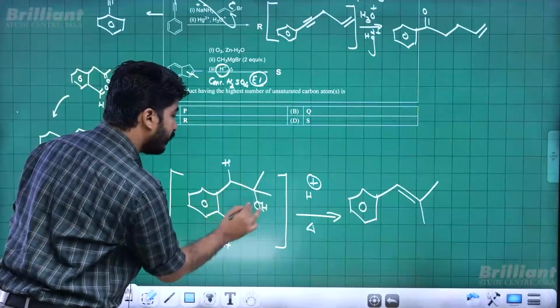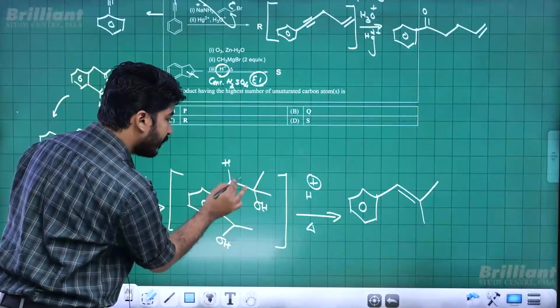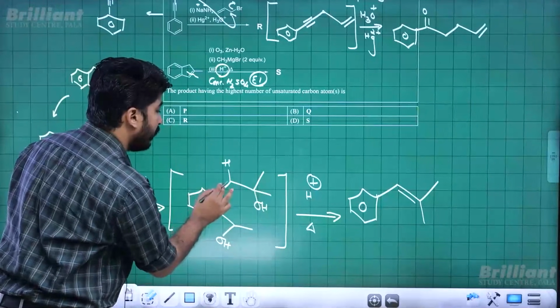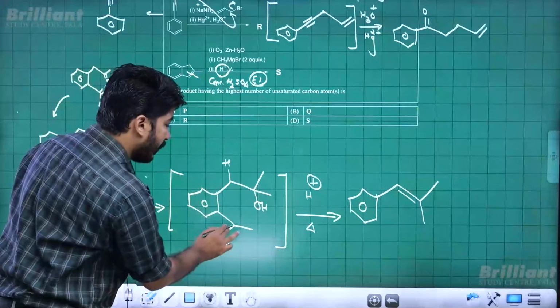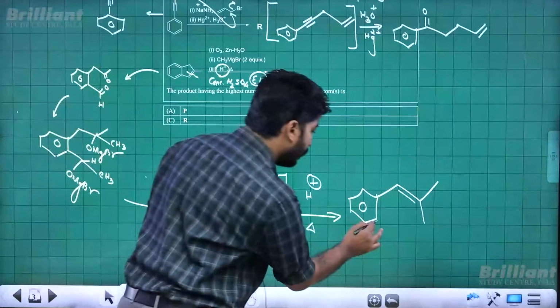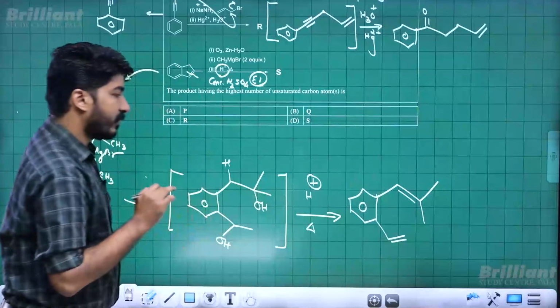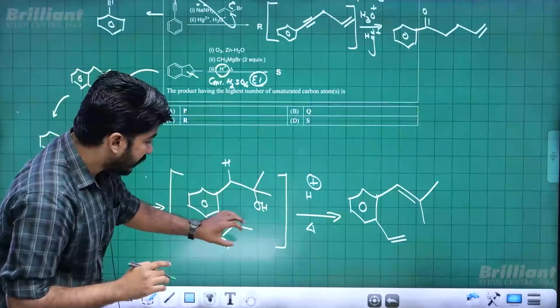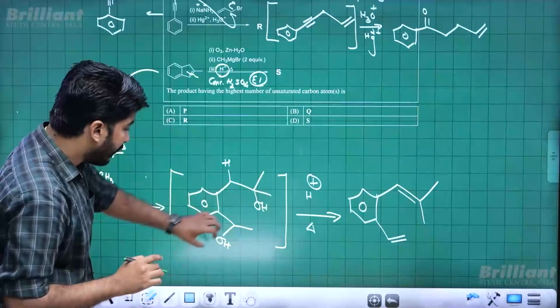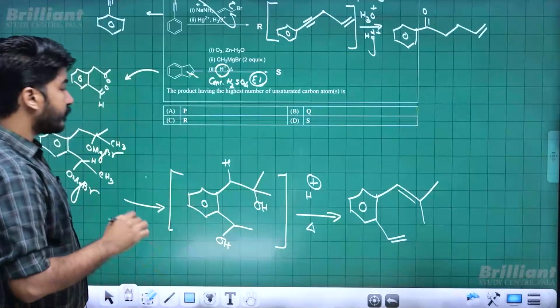For this alcohol, this is a tertiary alcohol, so this is the preferentially removed hydrogen, which leads to the more stable resonance stabilized alkene. And here we don't have any other option but to obtain a styrene-like structure. So that is the dehydrated form of this particular secondary alcohol, which is again a benzylic alcohol also.